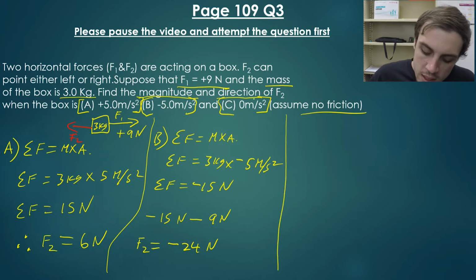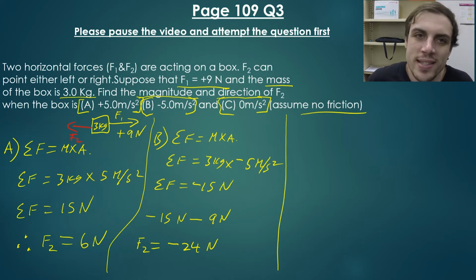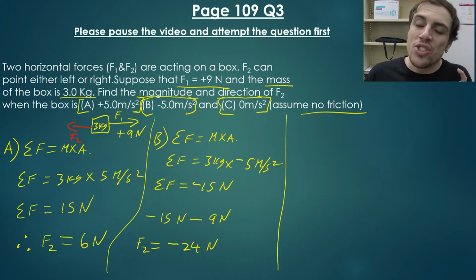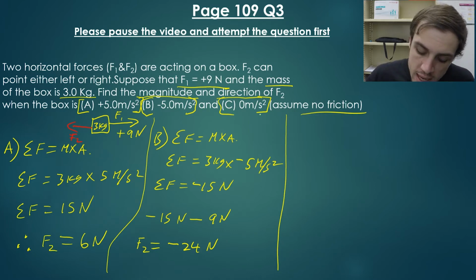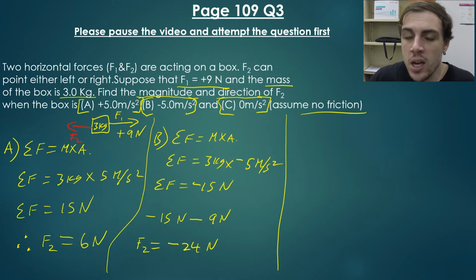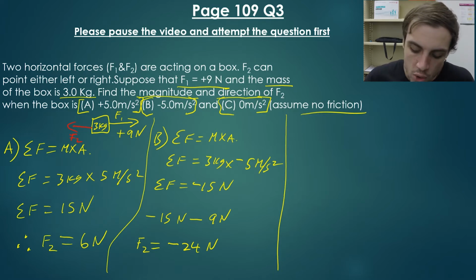Okay, and the very last one, if the acceleration is 0 meters per second squared. So this is a nice easy one, assuming you know your Newton's laws of motion. Because if something has 0 acceleration, it means either one of two things. It's either at a constant speed or it's at rest. It's not moving at all. So for the purpose of this question, we're going to assume it's at rest because it's not accelerating.